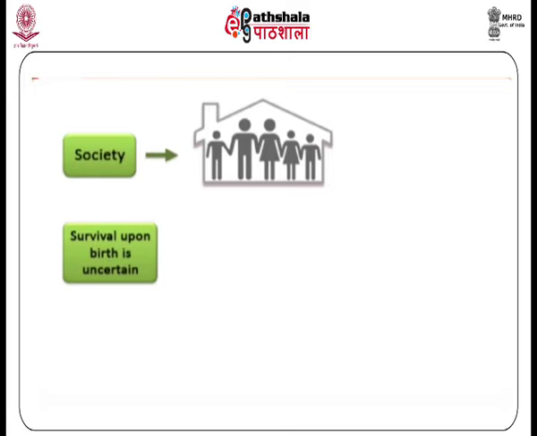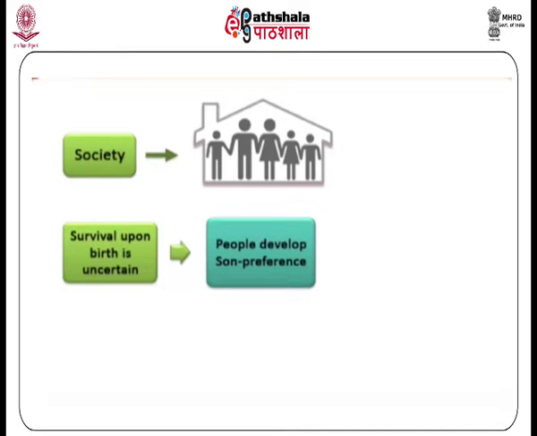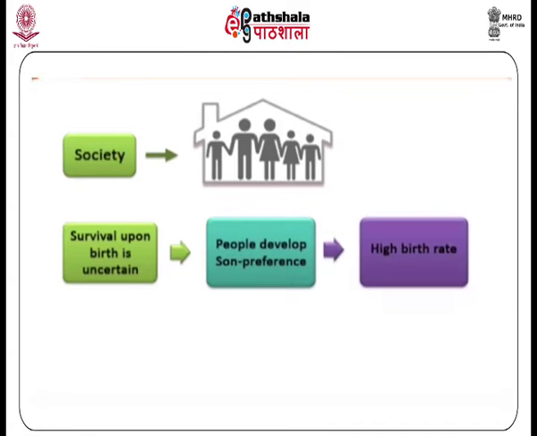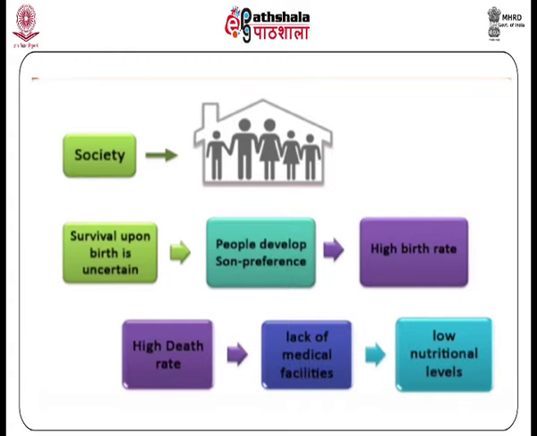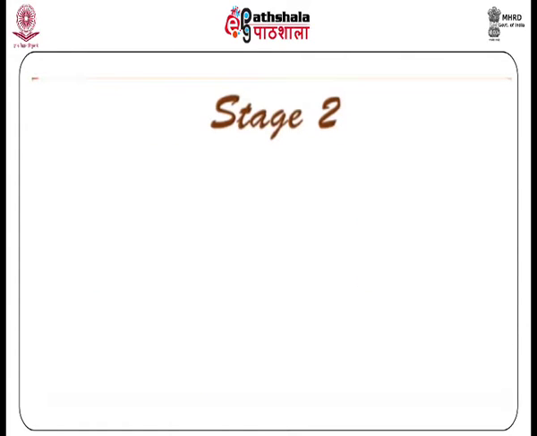Customs and traditions imbibe these ideas, and people develop son preference, which itself leads to a large number of births. Death rate is high because of lack of medical facilities and low nutritional levels, as is usual when the country is economically underdeveloped.